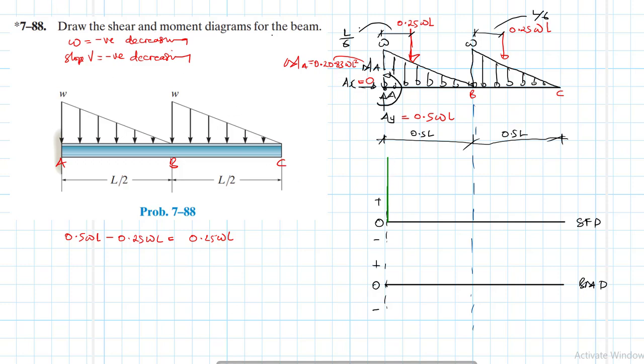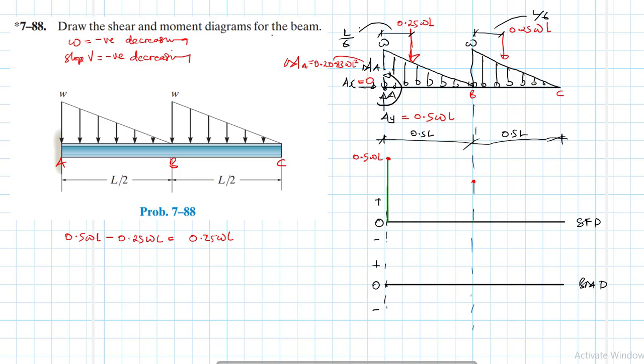So let's call this point our 0.5 WL. Then we are saying the next point is going to be 0.25. So let's put it somewhere here. The next point is going to be maybe there, because we are running out of space.